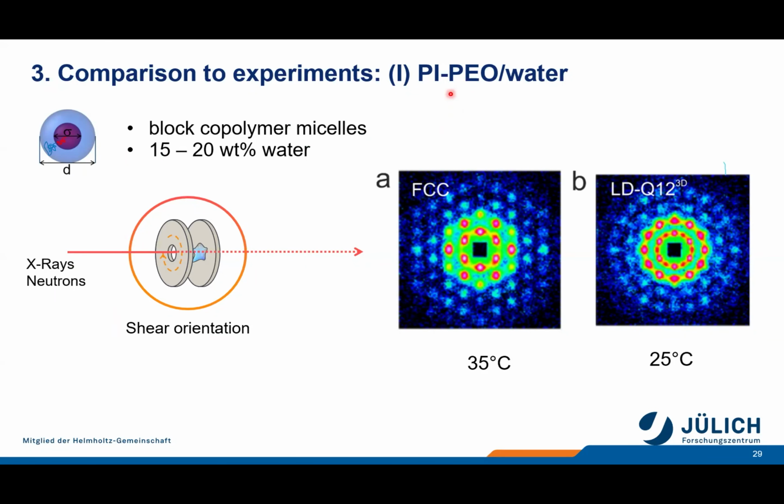This is a polyisoprene-PEO. They form micelles with the PI hydrophobic core and polyethylene oxide shells in water. And in a concentration range around 20 to 50%, we get gels, which are transparent, which you could shear orient and study in rheo-SANS, where you get then many diffraction patterns.